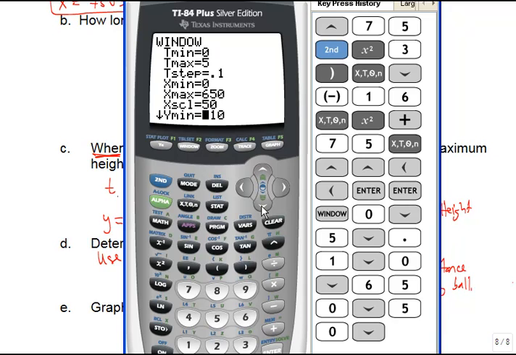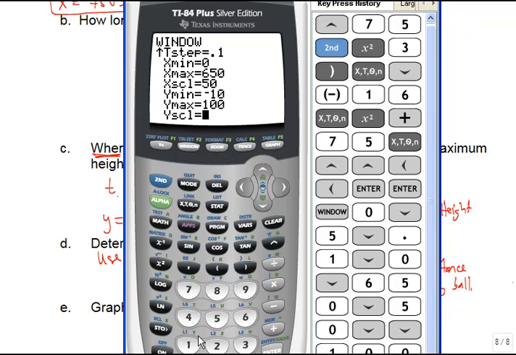So just to give myself a little bit of room, you could start this at 0, that's totally fine. But I'm going to leave this y-min at negative 10 just so we can see a little bit of space here. And I'm going to boost my y max because remember my maximum height of my golf ball was that 87.89. So let's make this go up to, say, 100 so we can see that maximum height. And I'll change my y scale to 10s.